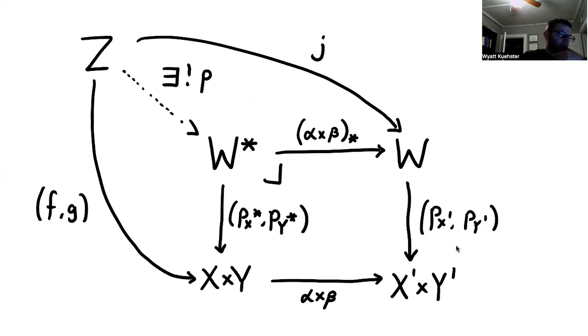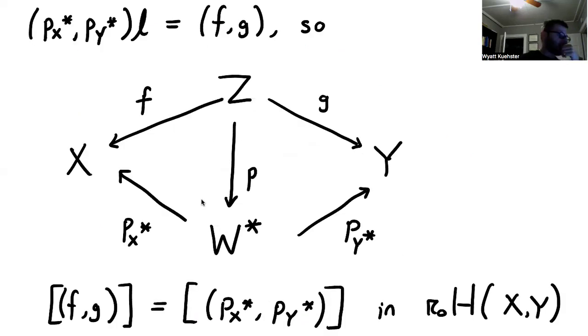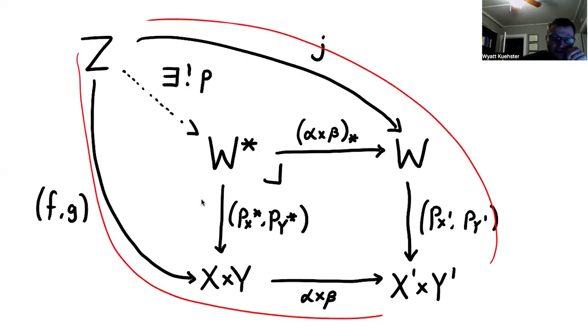And then notice that since p x prime j equals alpha f and p y prime j equals beta g, the outside legs give me a commuting square. And so I get a unique map p from Z to W star because this W star was a pullback. And it commutes, all these things commute.